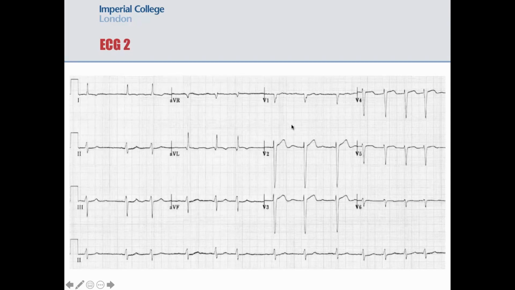Okay, so I've got two saying irregular rhythm, and someone has said no P. Yeah, 2 people have said no P wave. Yep, so it's absolutely right.